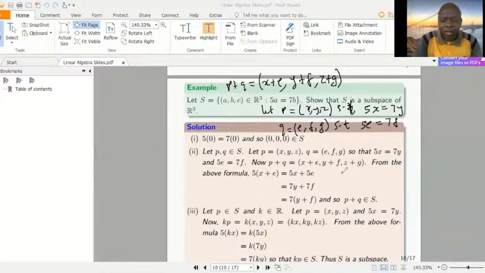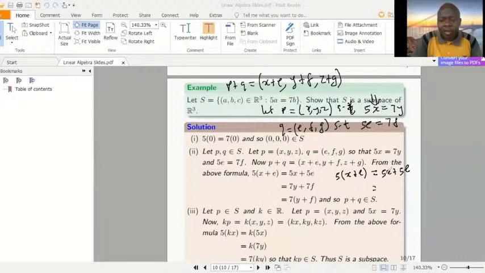Now, that is very interesting. Let me show that here. 5 times the first element. What is the first element? The first element is x plus e. I want to show that 5 times the first element is 7 times the second element. So what does this give me? By distributivity, this will be 5x plus 5e. But what does 5x equal? 5x is 7y.